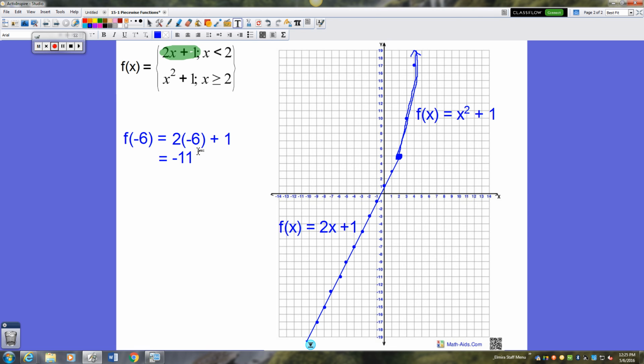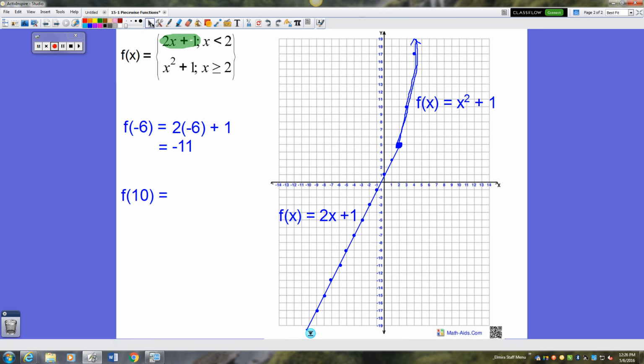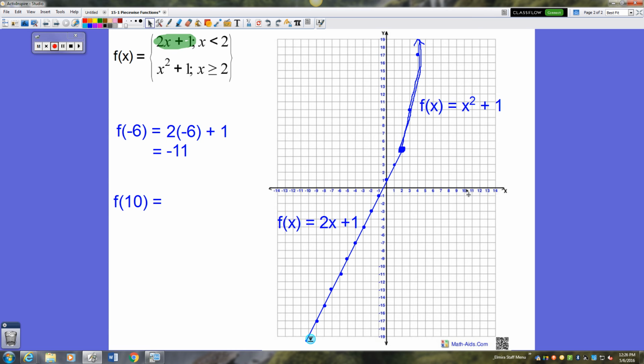Let's say I asked you f of 10. I go over here to the graph. Oh no, if I follow 10, up here I don't get a 10 in either direction. I don't touch the graph. I can't see the part of the graph where it's going to touch.